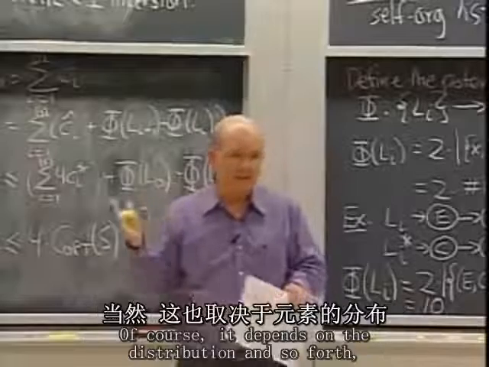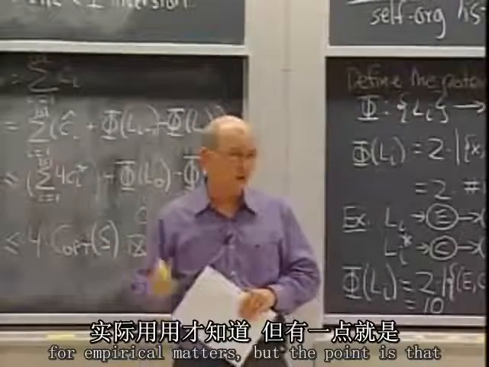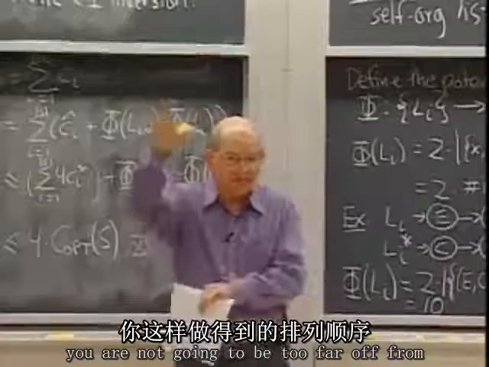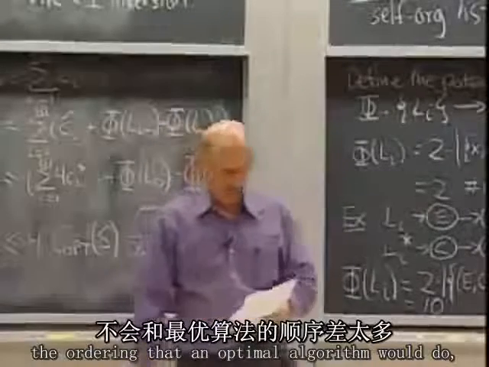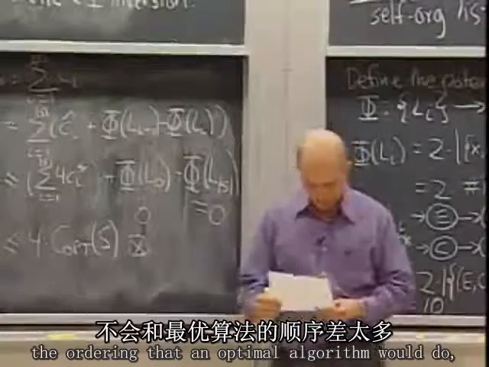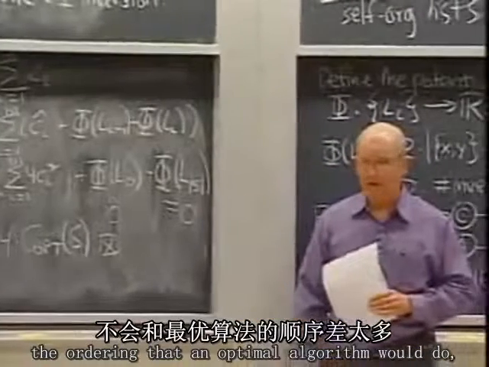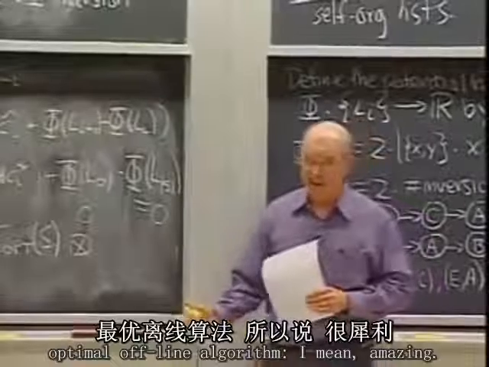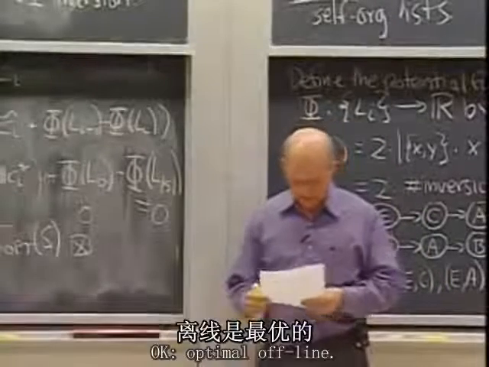Of course, it depends on the distribution and so forth, and on empirical matters. But the point is that you're not going to be too far off from the ordering that an optimal offline algorithm would do. I mean, amazing. Optimal offline.